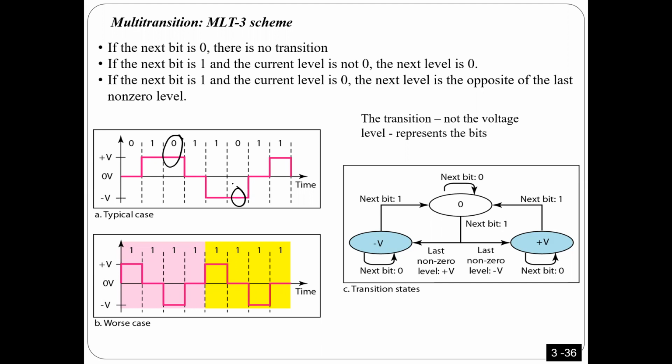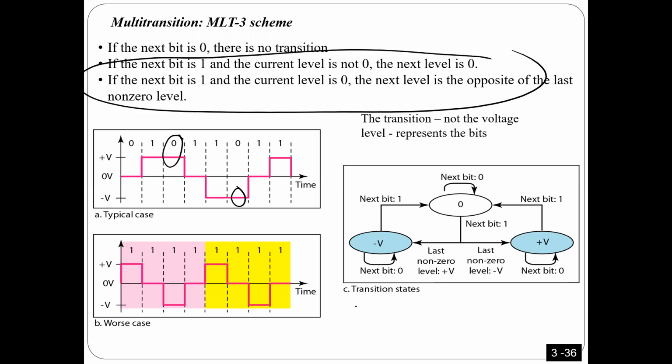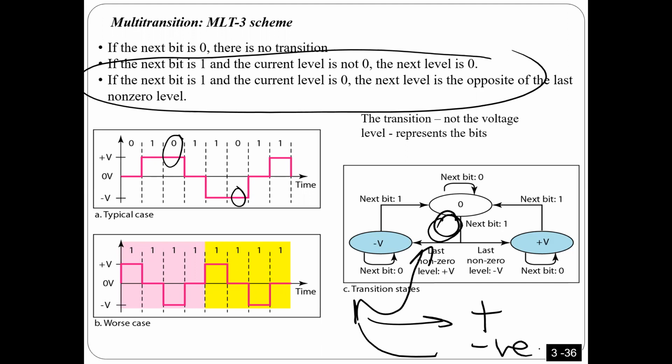But actually, here I have two rules, because when I do a transition, it can go to zero, or it can transition to positive or to negative. One, I'm going to make a transition anyway, but this transition can be to zero, or positive or negative. How can I know if this is to zero or positive or negative?